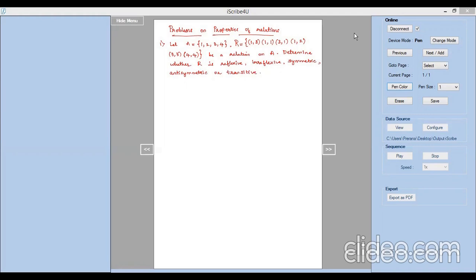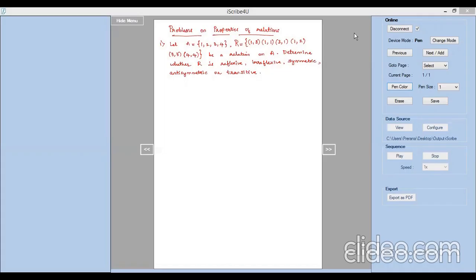So we need to verify, given the set A and the relation R, that is the set of ordered pairs for us, whether the relation R is reflexive, irreflexive, symmetric, antisymmetric, or transitive.